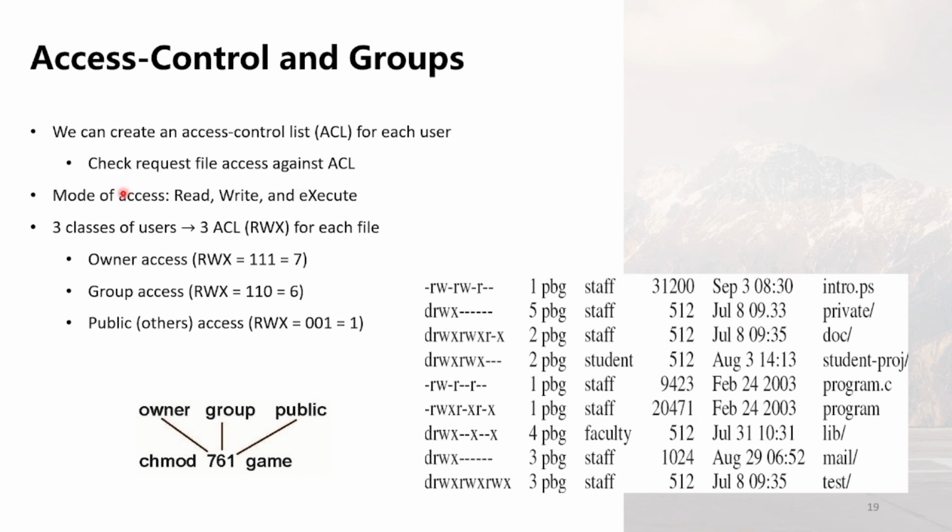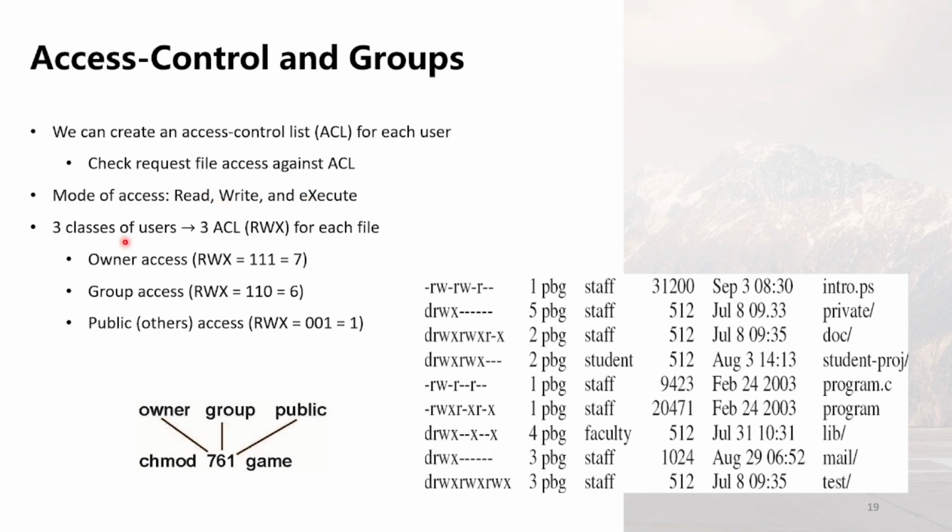Now, these permissions determine the mode of access, which includes three capabilities: reading, writing, and executing a file, often represented as RWX.